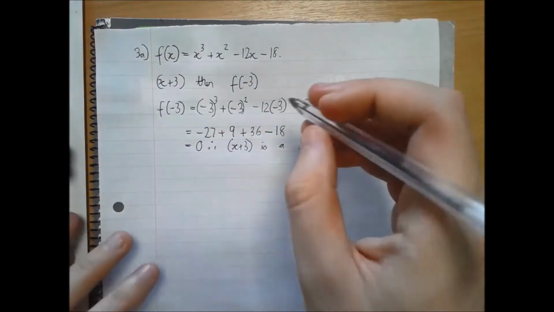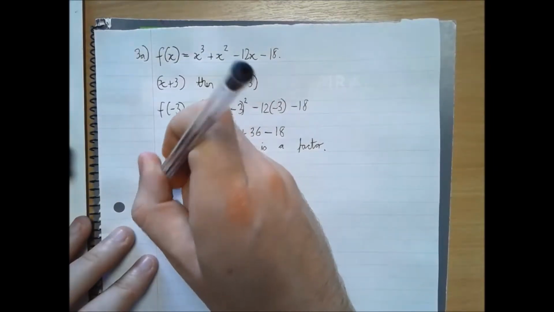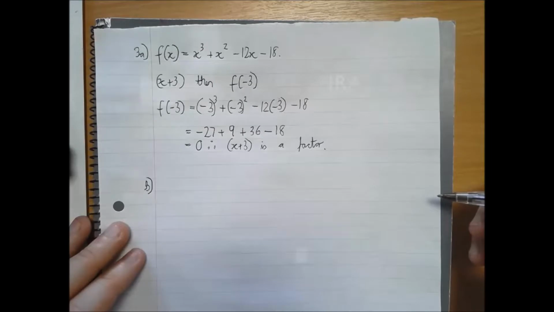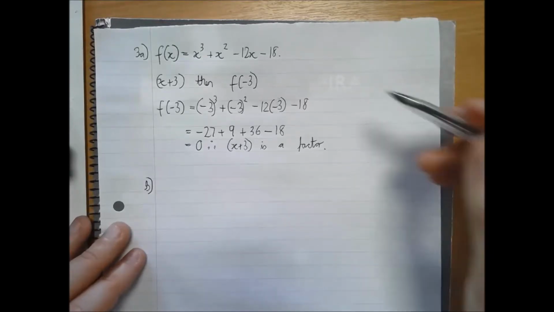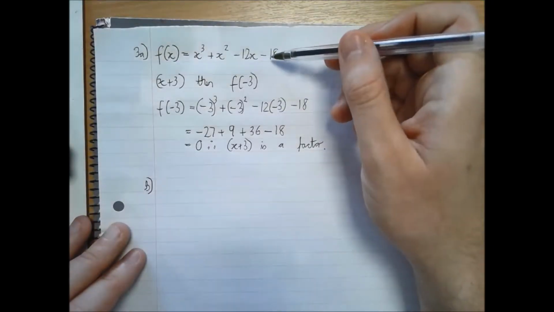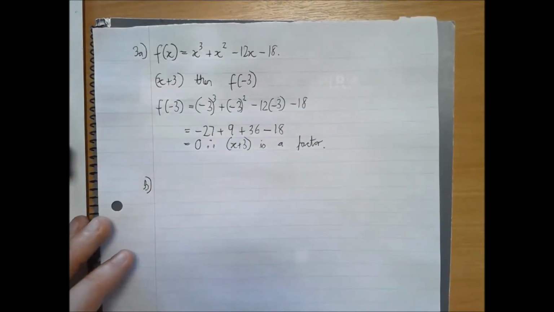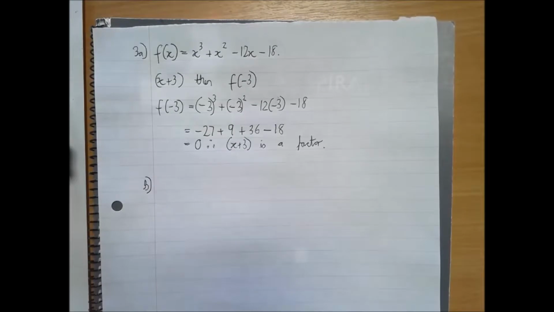I'll go straight on to part B with this one, because it's quite easy to manoeuvre. We want to factorise it. So if we know x plus 3 is a factor, we want to factorise this into x plus 3 and then a quadratic effectively. So part B then.